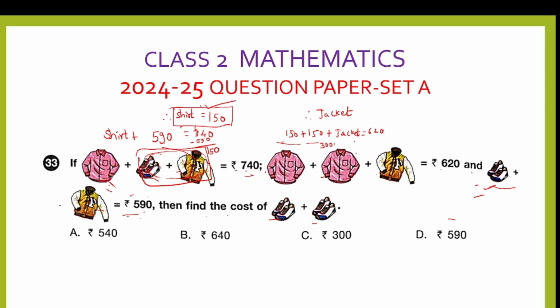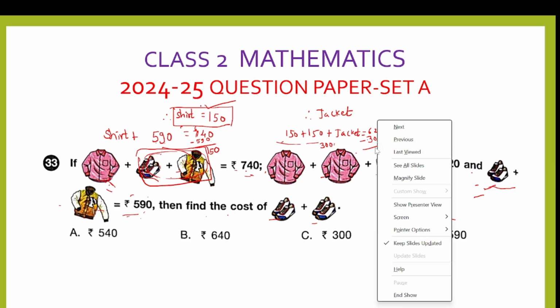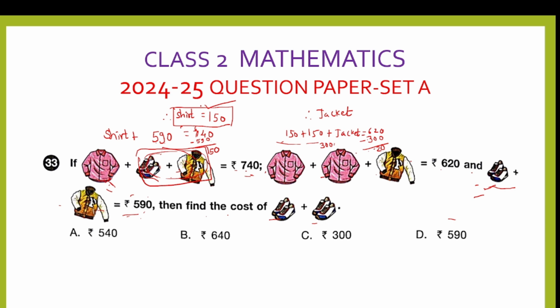So 300 plus jacket is equal to 620. Now what we have to do? We have to subtract this 300 from 620. It becomes 0. 2 minus 0 is 2 and 6 minus 3 is 3. So jacket whose price is 320. Now we have the cost of jacket is 320.